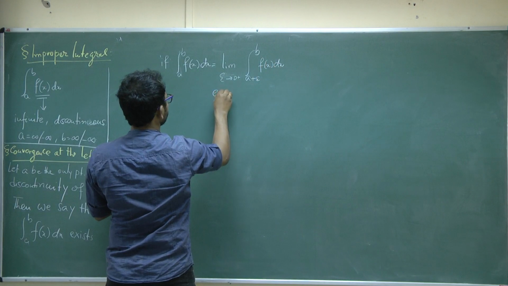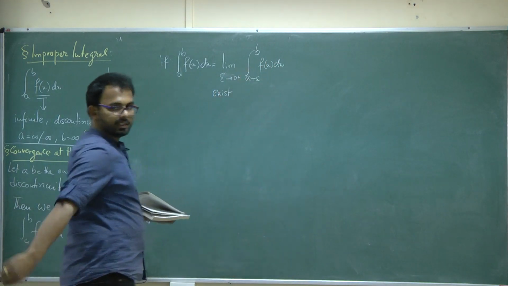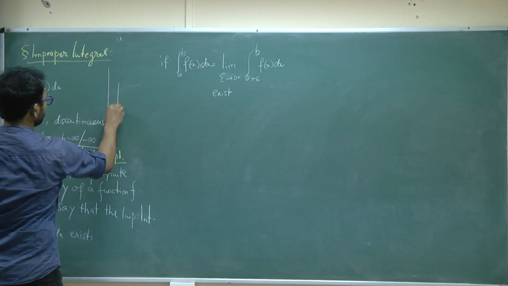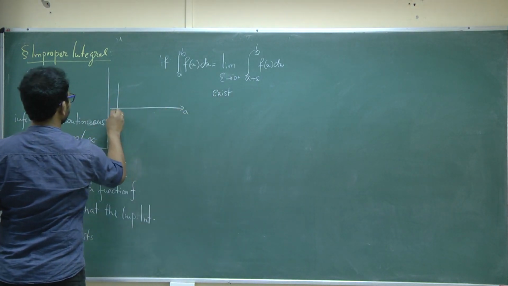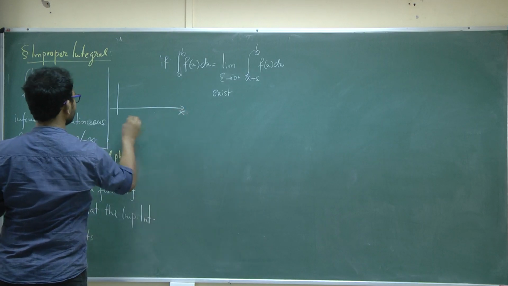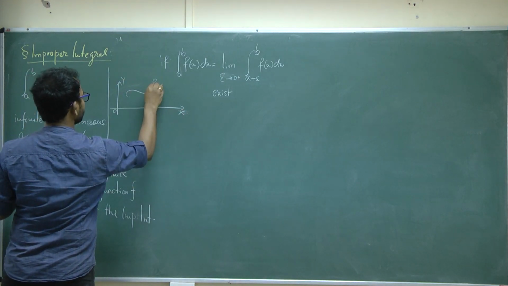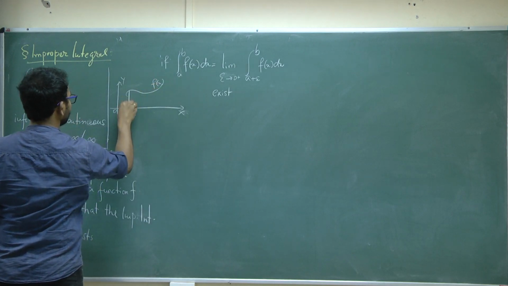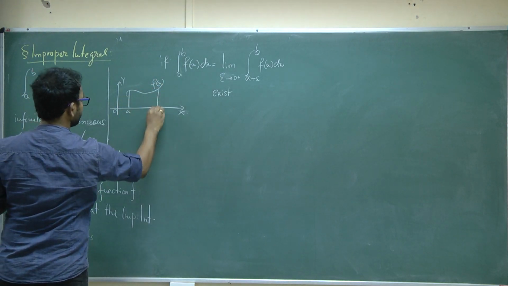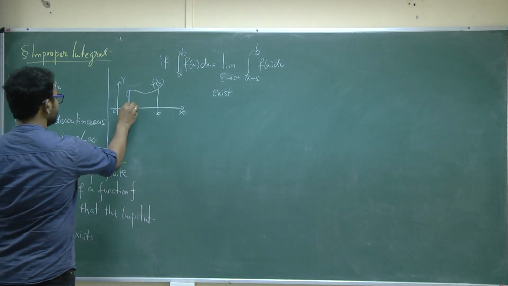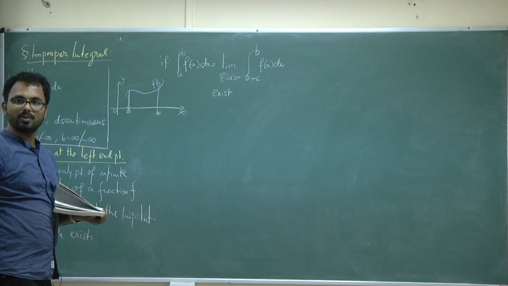exists. So, if this limit exists, what we are basically doing, suppose this is the x axis, and this is your given function y equals f(x), and you are evaluating from x equals a to x equals b. Suppose a is the point of discontinuity, that means you have the point of discontinuity at x equals a.